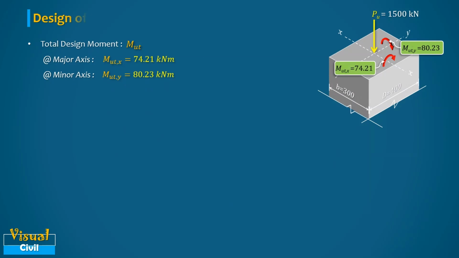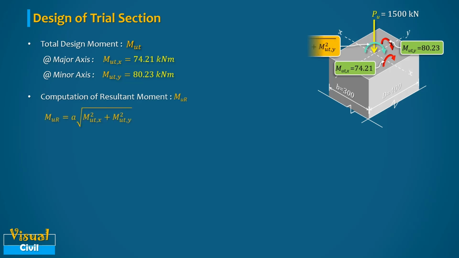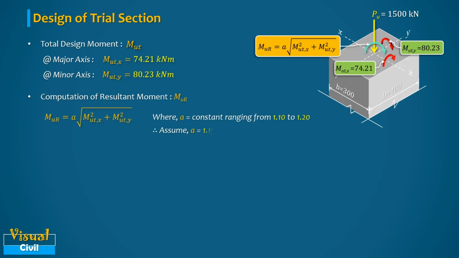Next, let us design the trial section. As the column is subjected to moment about both major and minor axis, we need to compute the resultant of these two moments. After solving, we get the resultant moment MUR equal to 126.68 kilonewton meter.